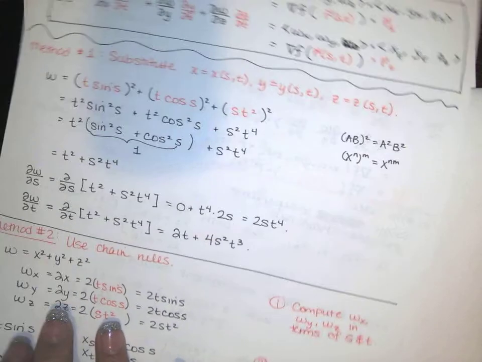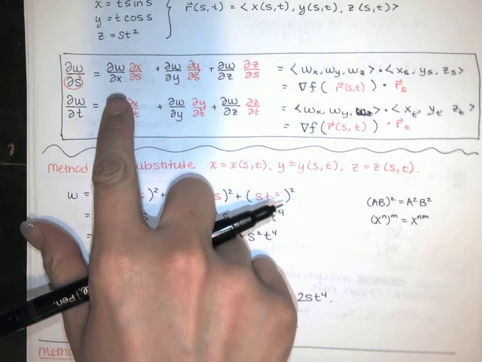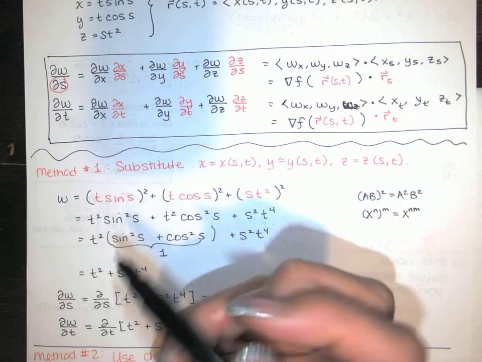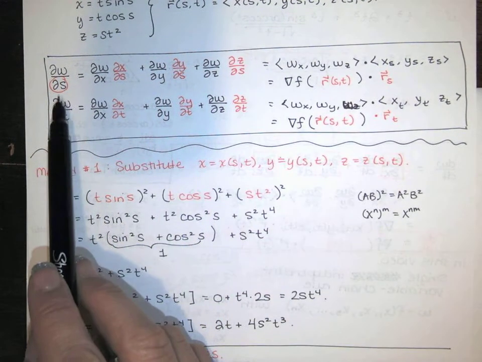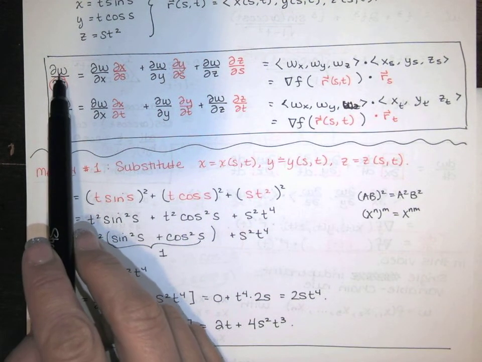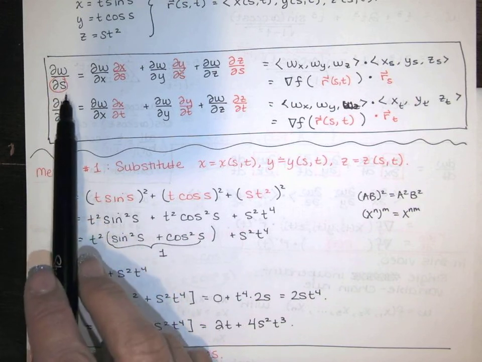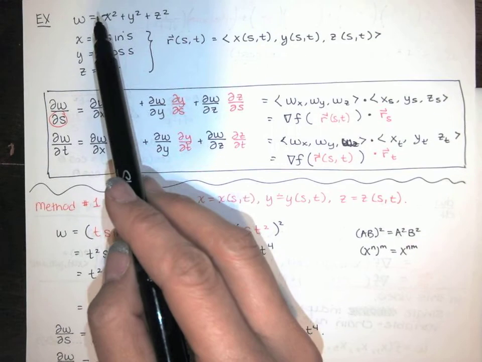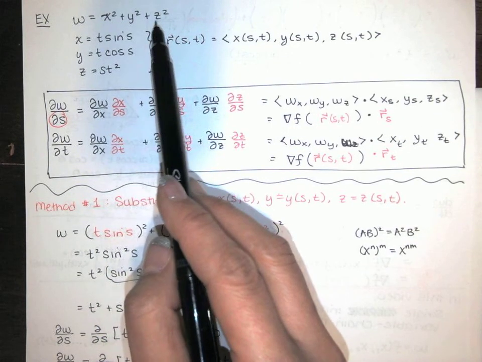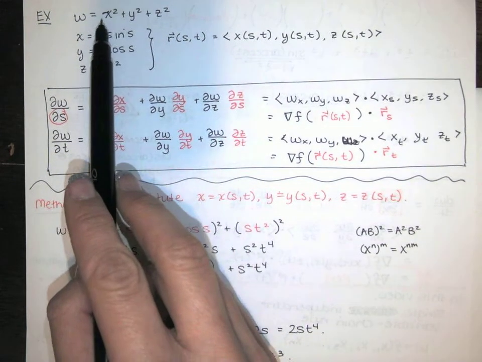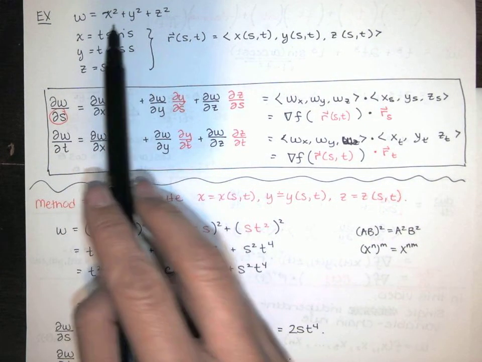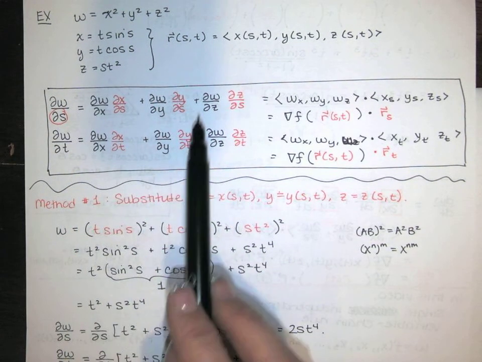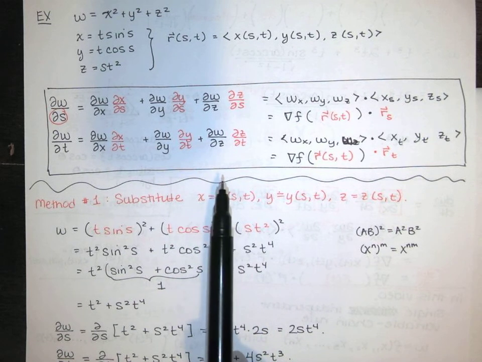Okay. So these are our two chain rules for the partial of w with respect to s and t if w originally had three variables, x, y, and z. Since it had three variables to begin with, your chain rules are going to have three terms.